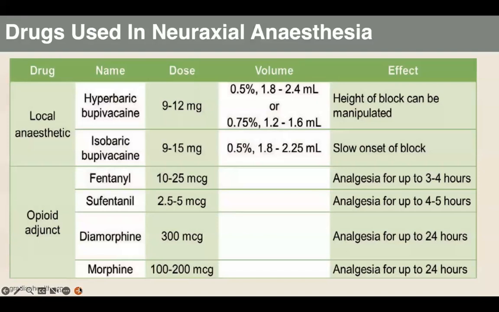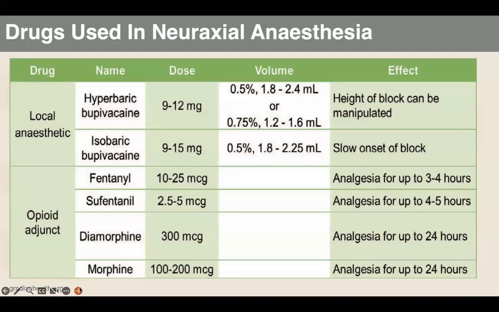If you're conversant enough, you can also use opioids, but here we use smaller concentrations in comparison to the systemic opioids that we use. Here, in case of fentanyl, we use somewhere between 10 and 25 microgram.